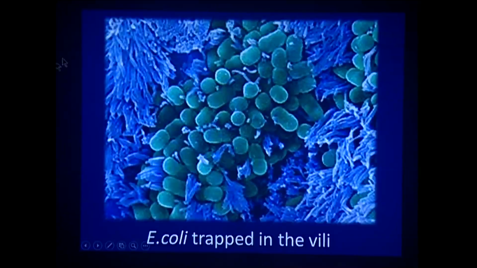So that means the frequency of the functional gene is quite high, and this actually makes them a perfect inhabitant in the intestine. This is the intestinal wall where the villi trap this bacteria. So they remain within the intestine, very nicely protected by the villi network.